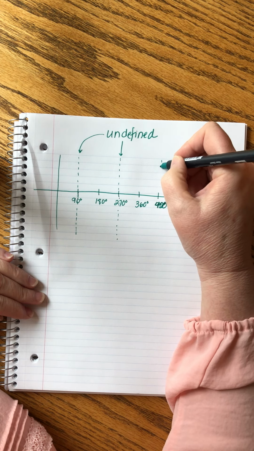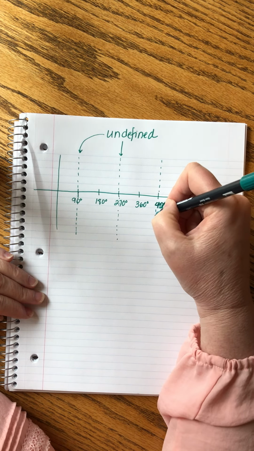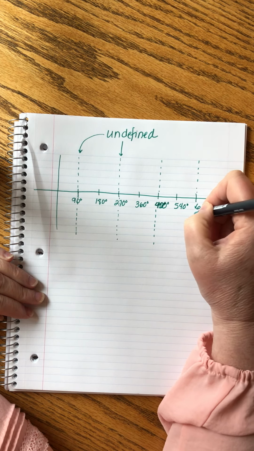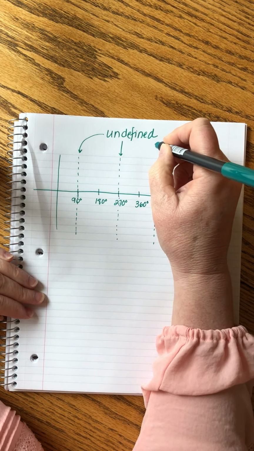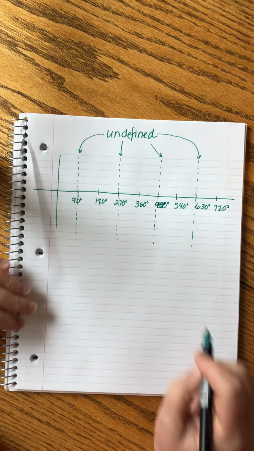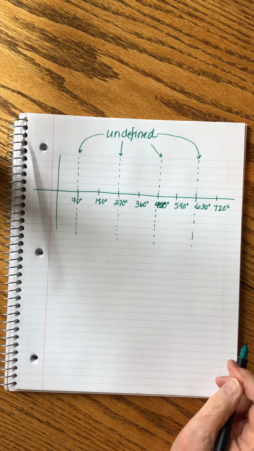And we can see it's every 180 degrees, so I can fill these in as well. Okay, so at all of these points, tangent is undefined, so we cannot fill it in.